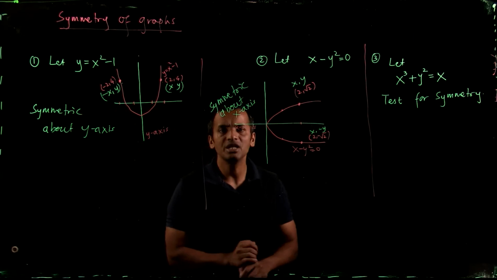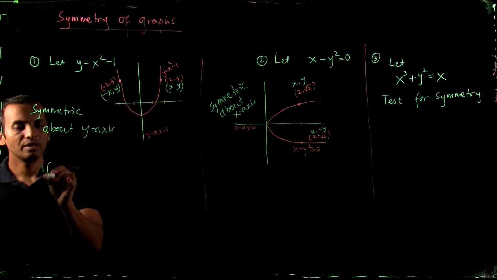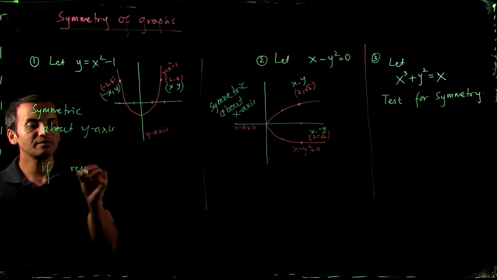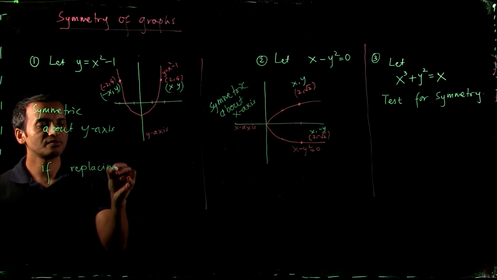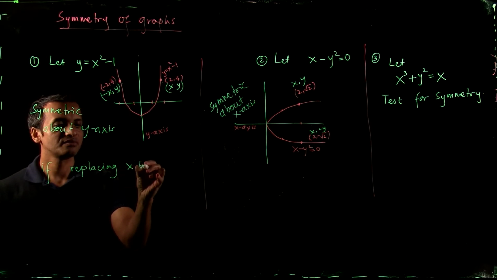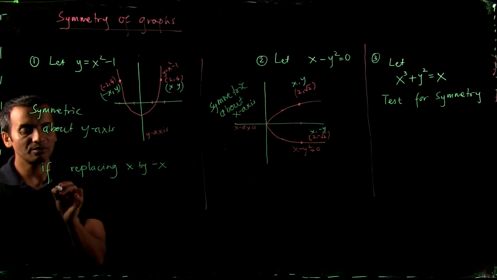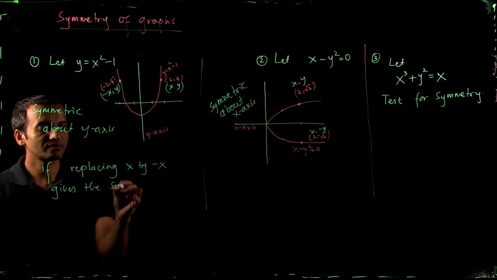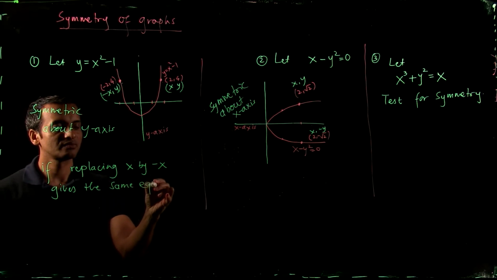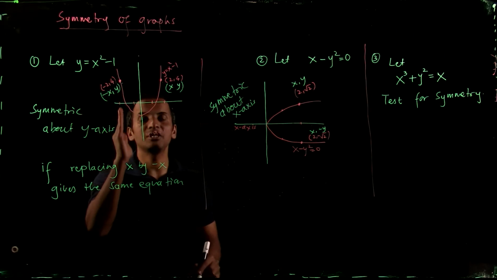There is another, even easier way to do that. If replacing x by negative x gives the same equation, then the graph is symmetric about the y-axis.